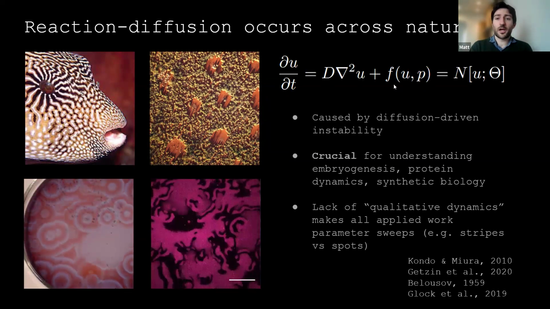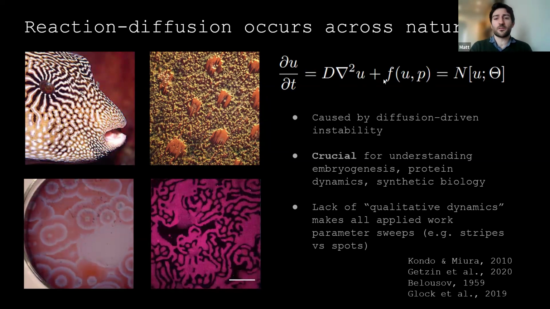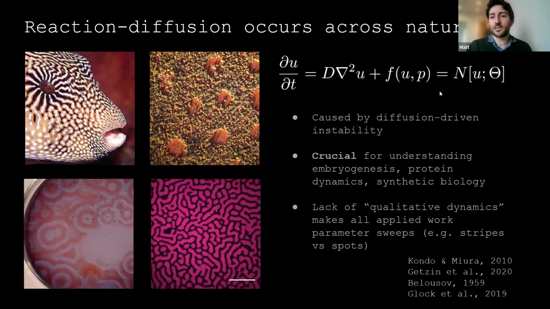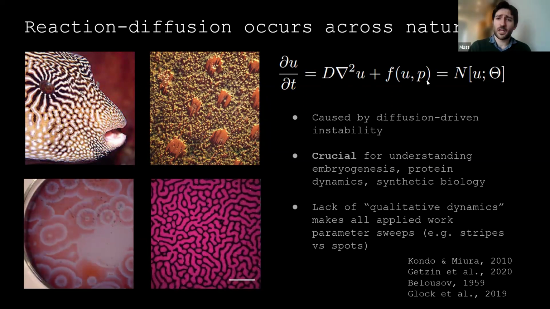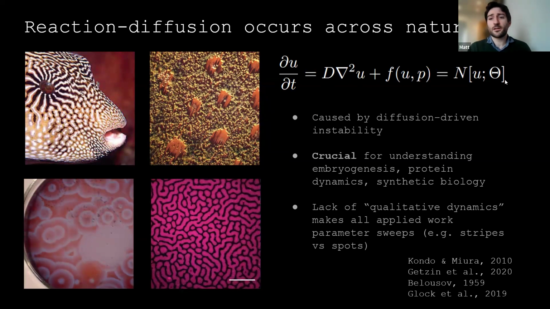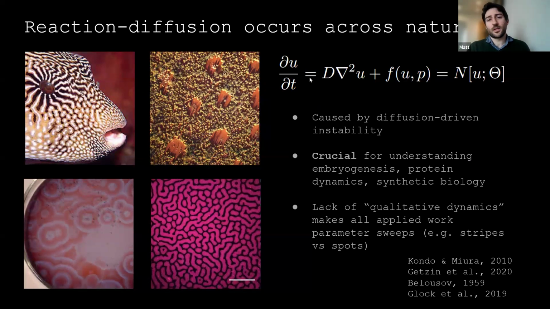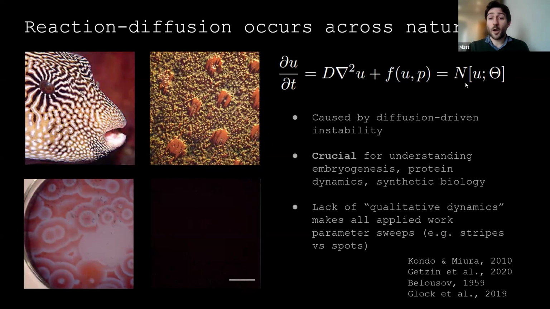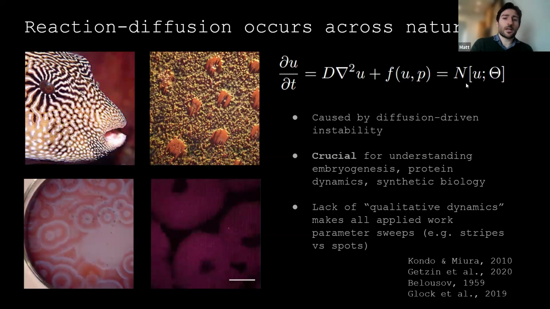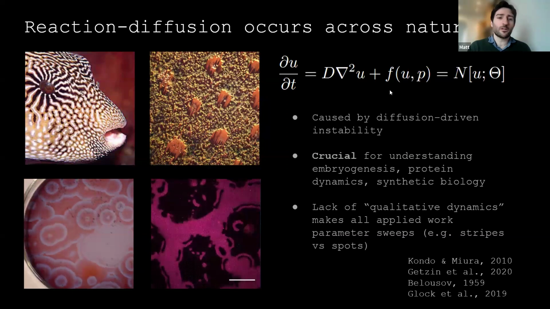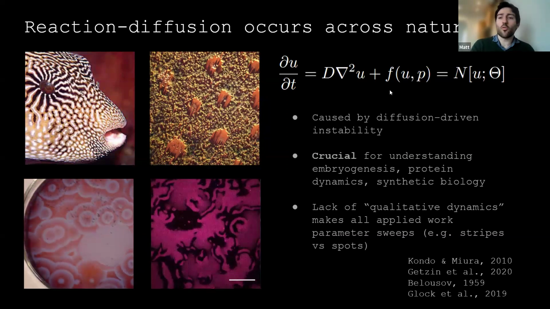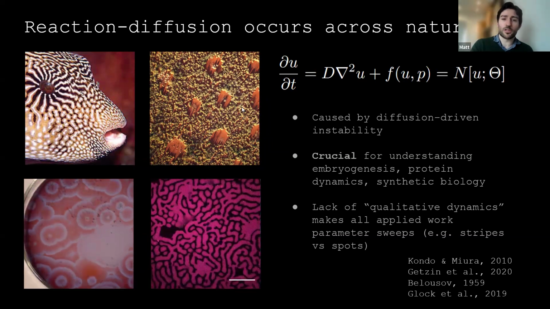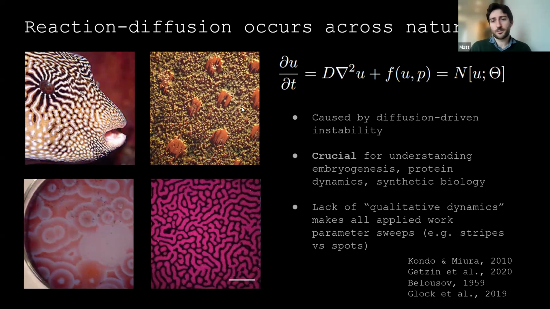Those two processes of diffusion and reaction are parameterized, so there are some diffusion constants and some reaction parameters. Collectively, we call those theta. Often we'll just abbreviate the equation of motion to the action of some generally nonlinear operator N. Inside this unassuming looking mechanism lives a whole world of beautiful, interesting spatial and temporal structure that we see emerging across the biological world.